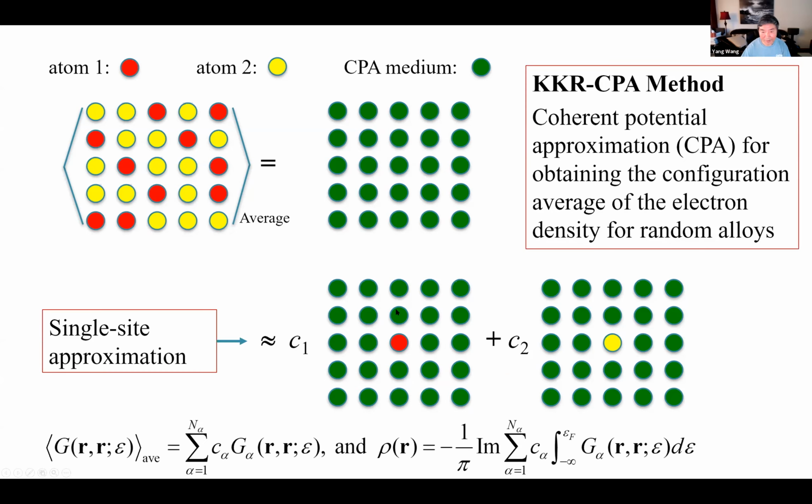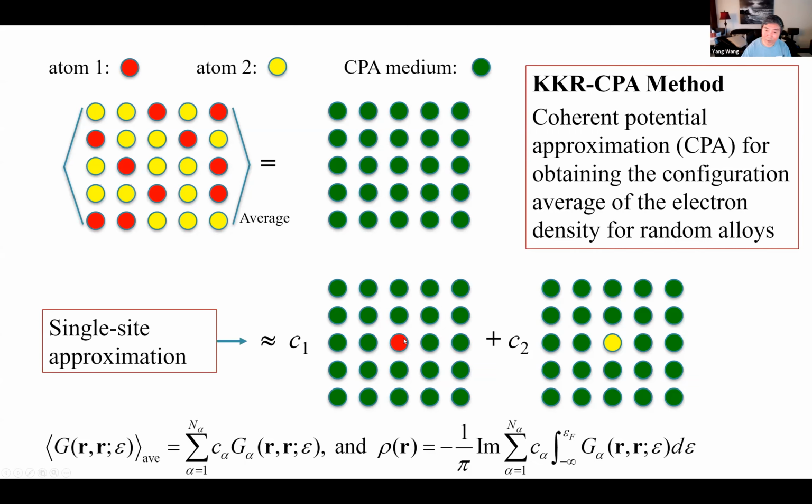Notice that, remember I talked about the impurity problem in the previous two slides, that for this particular structure there's a single impurity surrounded by otherwise the perfect crystal environment. We know exactly how to calculate this in the framework of multiple scattering theory.